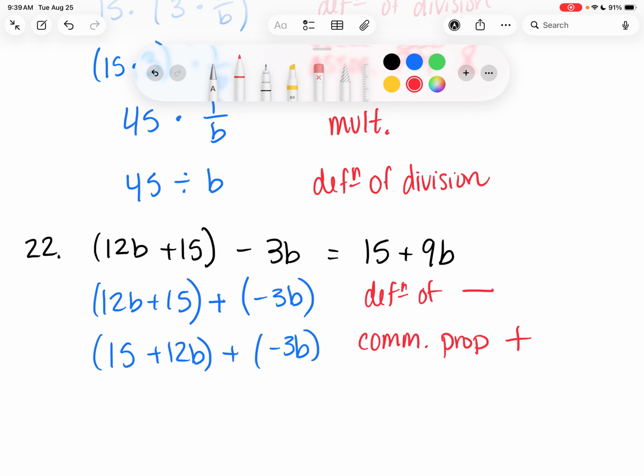Now we can do what Abby said. Technically this negative 3b obviously isn't really in a parentheses, but these two things over here are grouped. I want to group the things that are like terms, so I'm going to switch and say that this is 15 plus parentheses 12b plus a negative 3b, to use the associative property of addition.